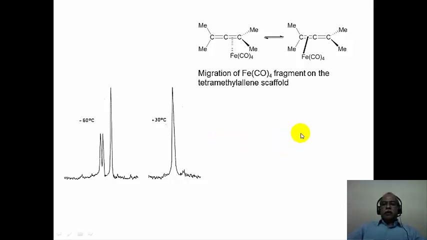Let's move into an example from organometallic chemistry. In this particular system, there is a tetramethylallene which is coordinated to iron tetracarbonyl through an eta 2 kind of coordination. Allene, as you know, is a very interesting molecule. It has an axial chirality. This particular one doesn't have the axial chirality, but in general, allenes are known for their axial chirality.